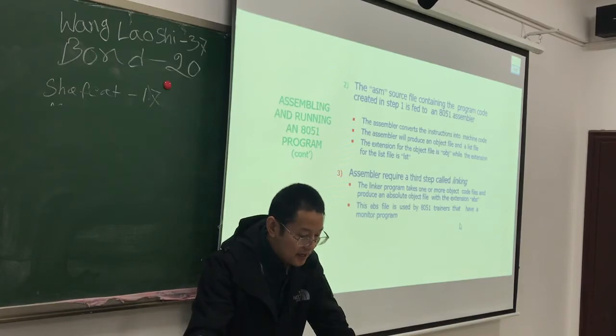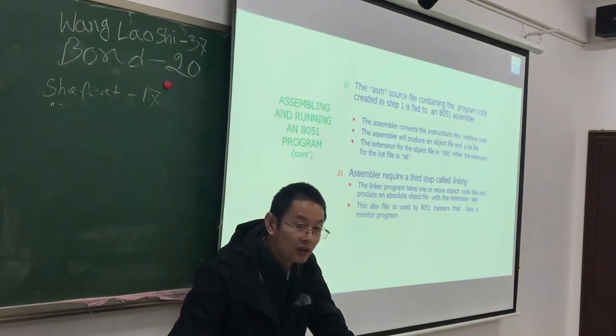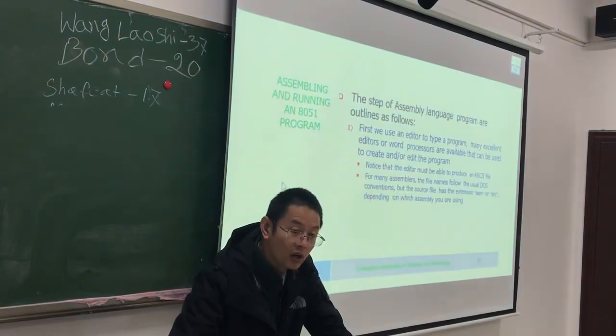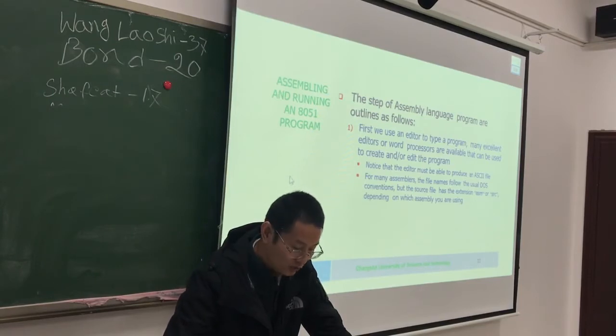The ASM source file containing the program code created in step 1 is fed to an 8051 assembler. Is there any difference between ASM and SRC? You mean the difference between the two extensions?